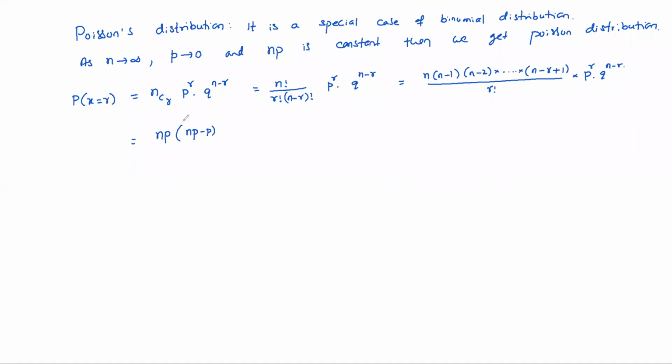So we multiply one p to n, and another p to the second term: np, np minus p, into np minus 2p, and so on. Finally np minus r minus 1 into p, right? That is, r plus n minus r plus 1 means n minus of r minus 1 times of p, okay, divided by r factorial multiplied by q, which is 1 minus p, to the power of n minus r.